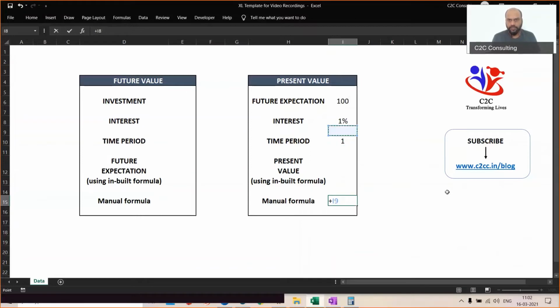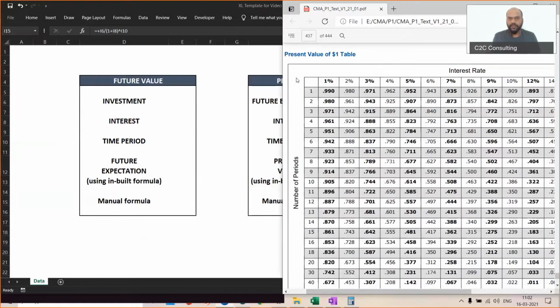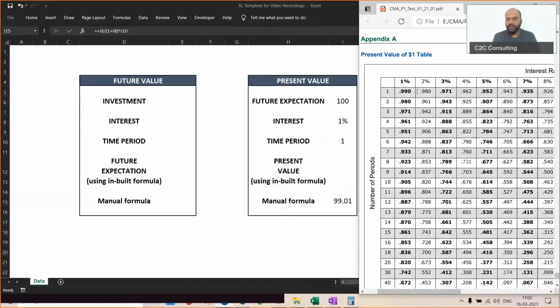I have my future value divided by 1 plus interest rate to the power of, you can use the caret symbol, which is shift and 6, tenure. This gives me exactly the same thing. You can also multiply 100 directly using the table. The present value table gives me the shortcut for 100 into 0.99. That's exactly how this 99 has come.